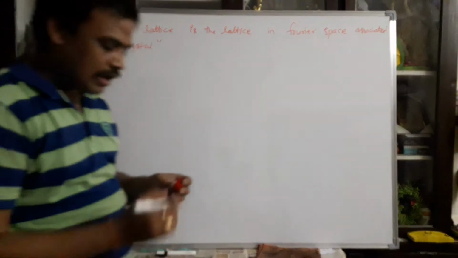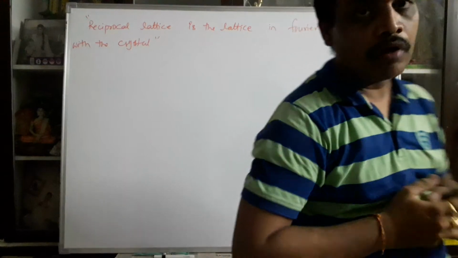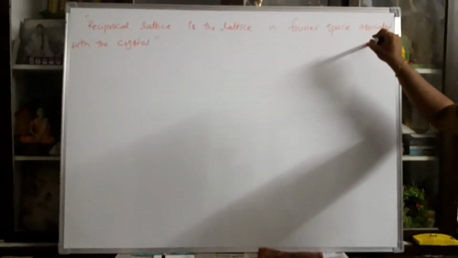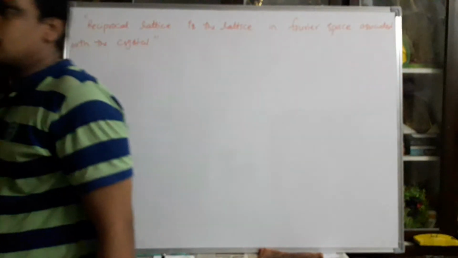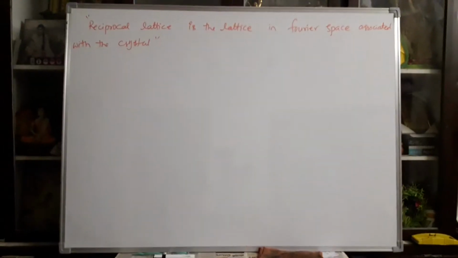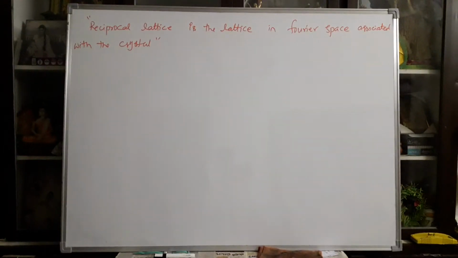So, reciprocal lattice is mainly introduced with the help of Fourier transformation. According to our Fourier transformation, there exists a Fourier space. In this space, the crystal lattice exists, and that lattice can be called the reciprocal lattice. So, reciprocal lattice must be explained with respect to Fourier space.